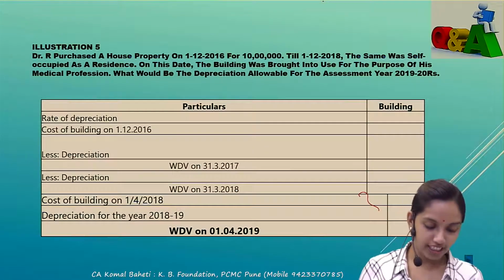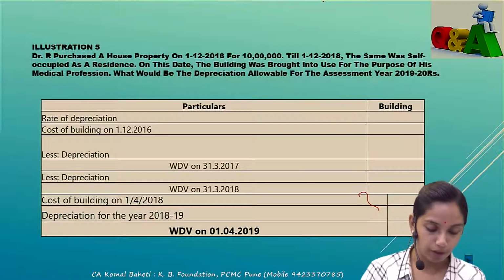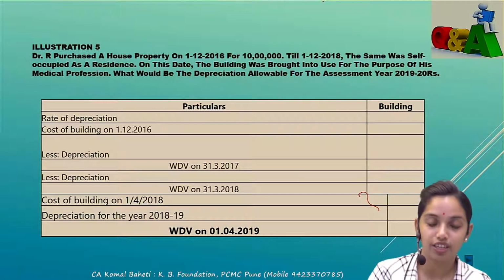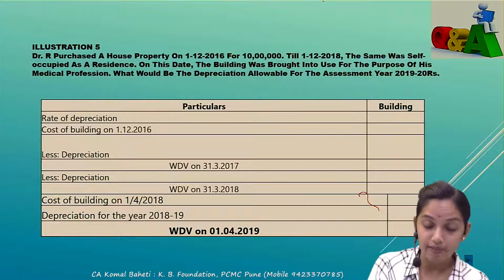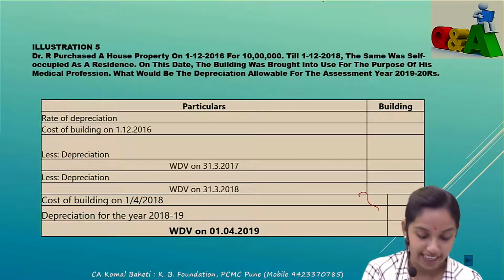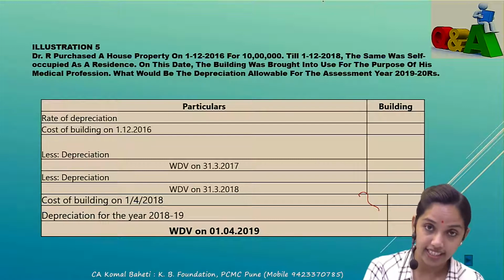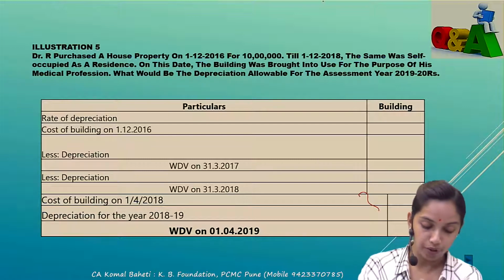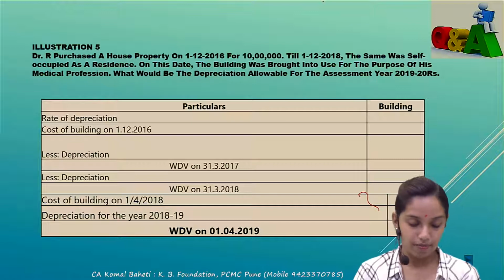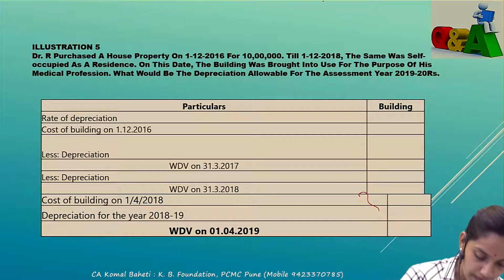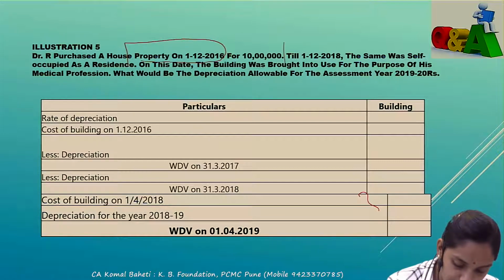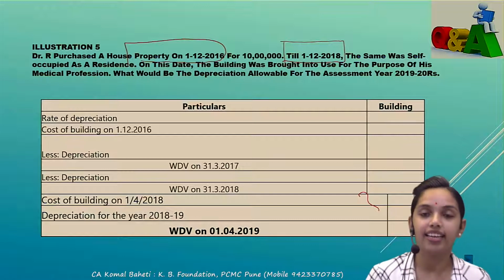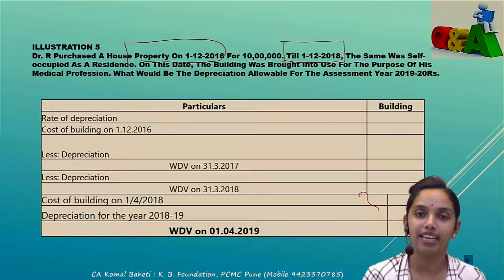Now, Illustration 5. Dr. R had purchased a house property on the 1st of December 2016 for 10 lakh. Till 1st December 2018, the same was self-occupied as a residence. On this date, the building was brought into use for business purposes. Means he had purchased the property on 1st December 2016, and from 1st December 2018 it has been used for his medical profession.